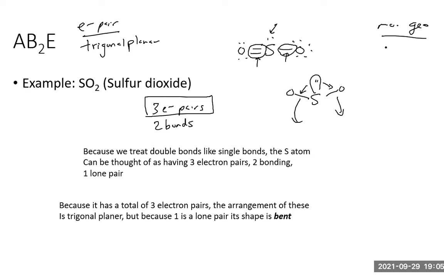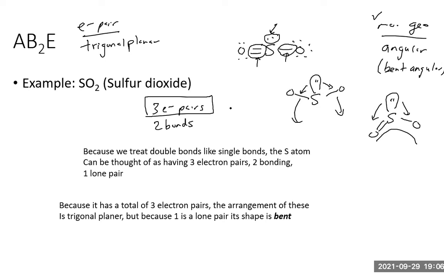What ends up happening is they move away into a shape known as angular, kind of like this, as they move away from those non-bonding electrons as far as they can. Some people will call this bent, but we will go with angular. It is a little bit less than 120 degrees, but we do see the difference in the molecular geometry because of the presence of these non-bonding electrons.